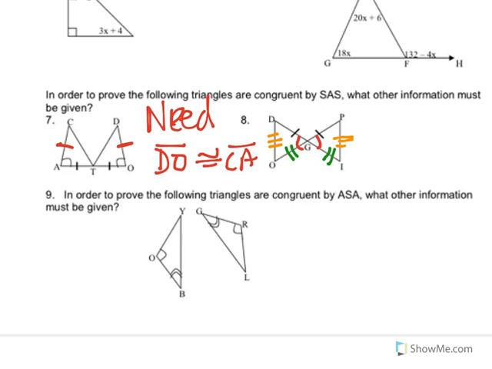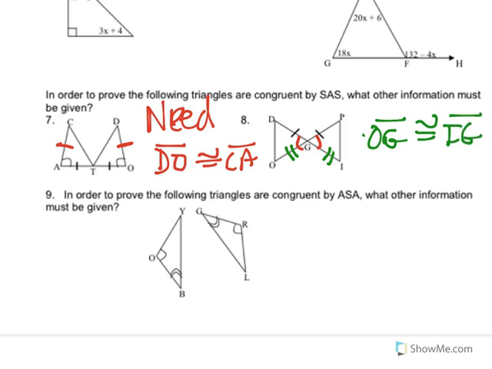Doesn't work. So we need the green ones that I have on there. And so DG needs to be, I'm sorry, that's not a D, that's an O. Let's erase that. OG needs to be congruent with IG in order to make that happen.